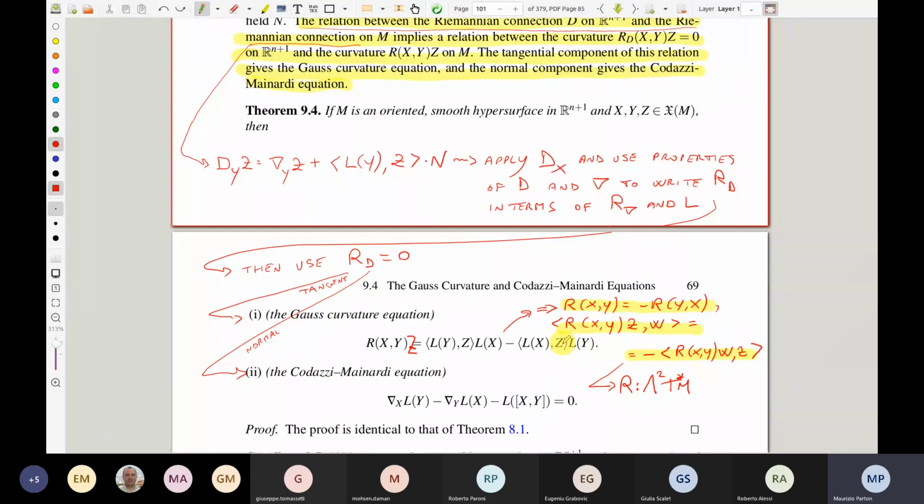So when you express the curvature tensor in the ambient space as a tangential part and a normal part, that tensor being equal to 0 means that the tangential part is equal to 0, and the tangential part is more or less this one, and the normal part is equal to 0, that is this one.